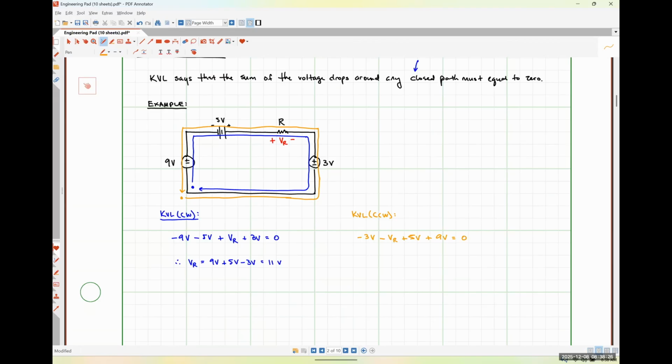Now I'm back at the bottom left-hand corner, so I set it equal to 0. Moving VR to its own side and leaving everything else the same, that looks like minus 3 plus 5 plus 9. Minus 3 plus 5 is positive 2. Positive 2 plus 9 is, once again, positive 11 volts. So it doesn't matter which direction we choose, we get the same result.